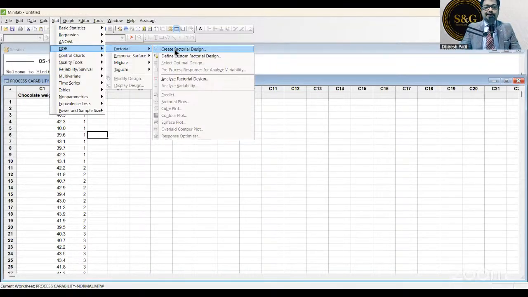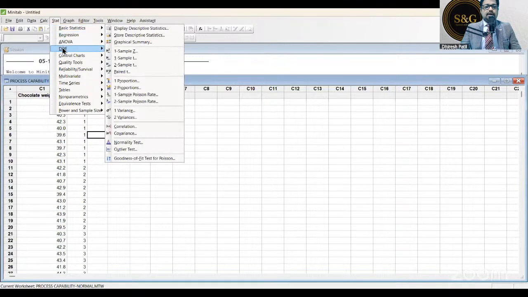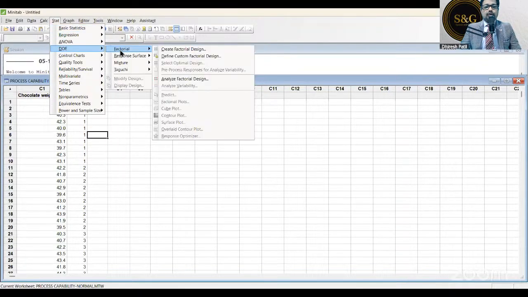Once you click on this, this window will appear. I repeat again: Stat, DOE, Factorial, Create Factorial Design.